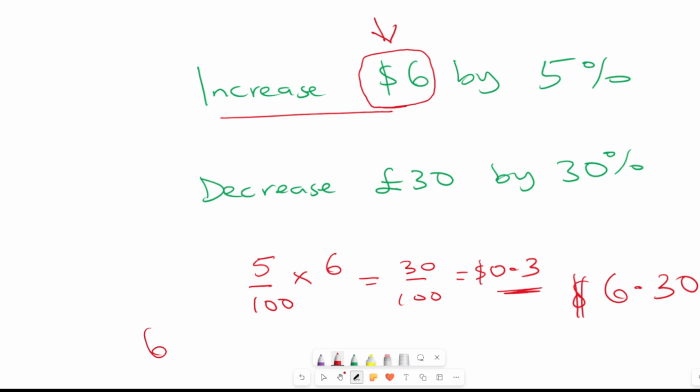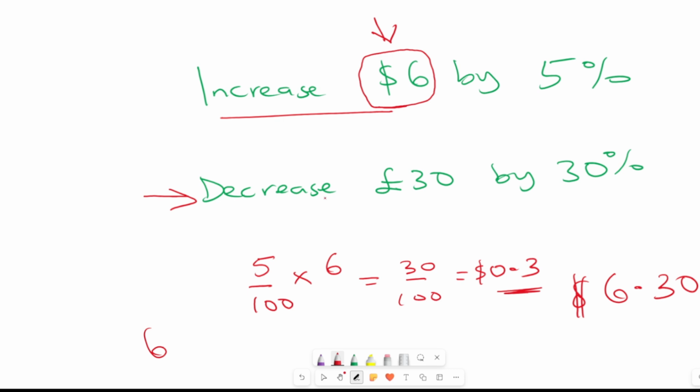Now try it with a decrease. The only difference is that when we are increasing something by a percentage, we first find the percentage of that original amount and then add it on top of the original amount. When we are to decrease any quantity by a percentage, first we find the percentage of that amount, then we go and subtract that quantity from the original amount.